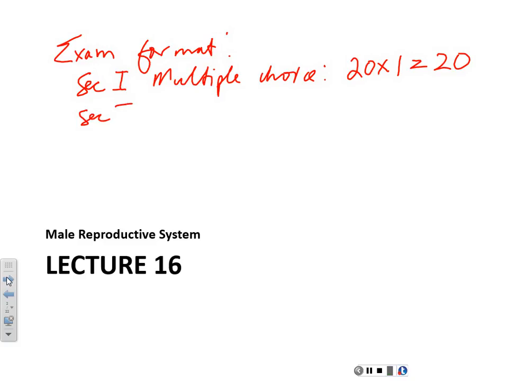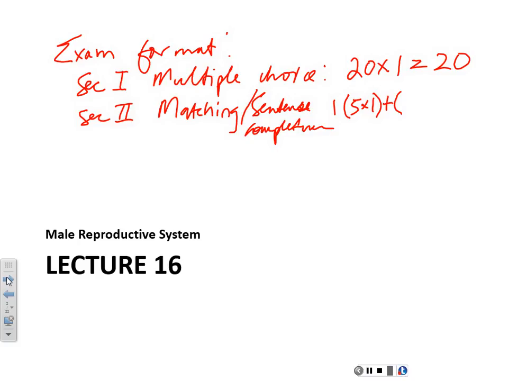And section 2 is our matching and sentence completion. 5 times 1 plus 5 times 1 plus 10 times 1.